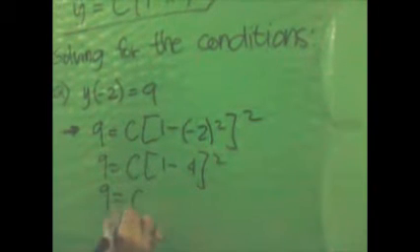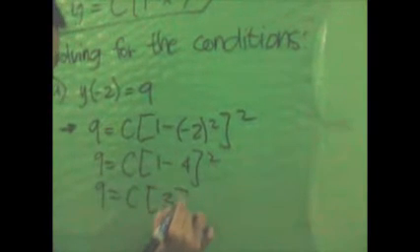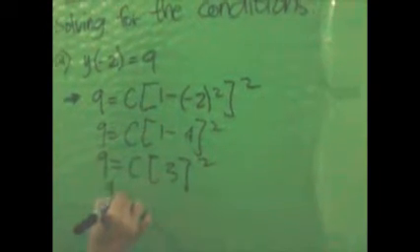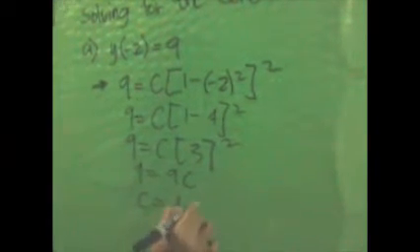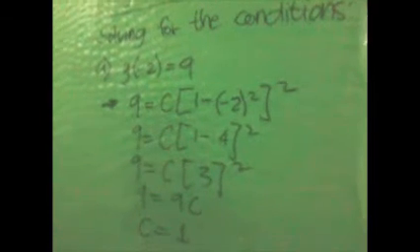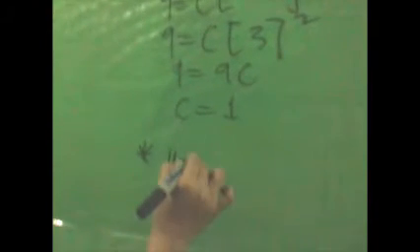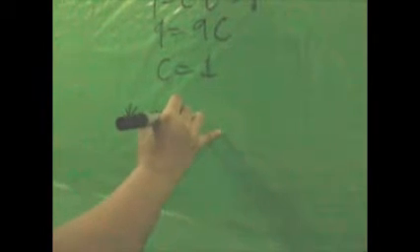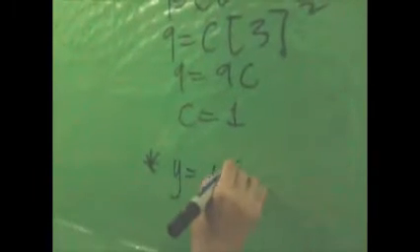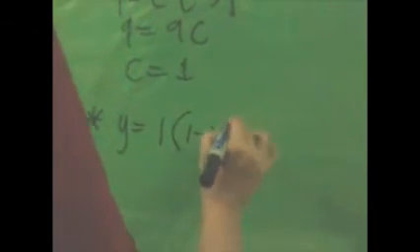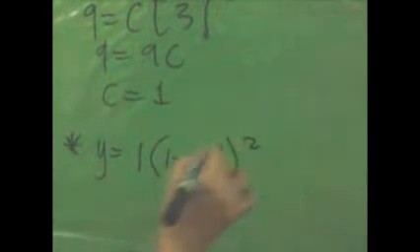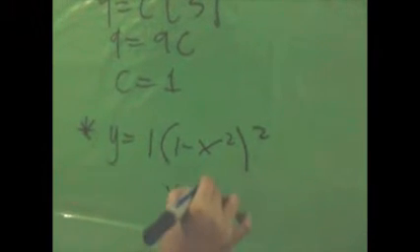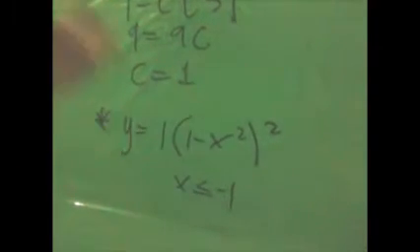So 9 is equal to c times 3 squared. 9 is equal to 9c, so c is equal to 1. We now have the value for c. So y is equal to 1 times (1 - x^2) squared for every value of x which is less than -1.